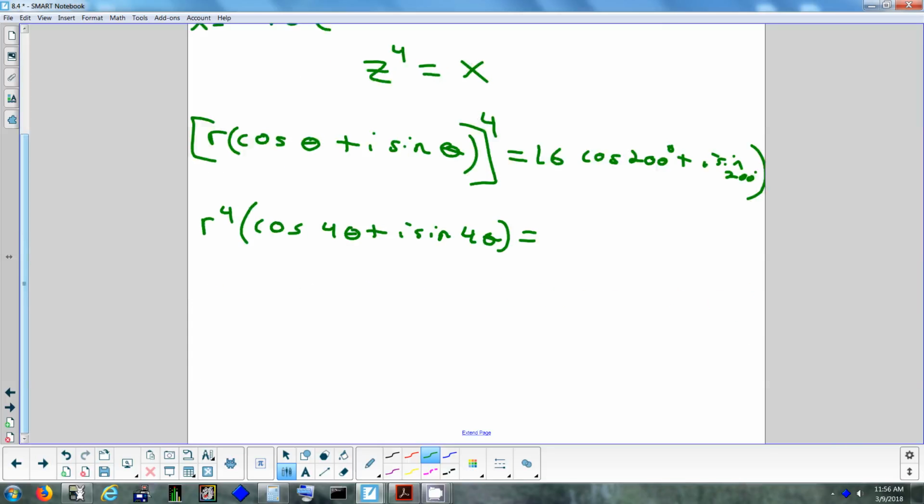And that's it for the left. Now keep the right exactly the same: 16 cosine 200 plus i sine 200.